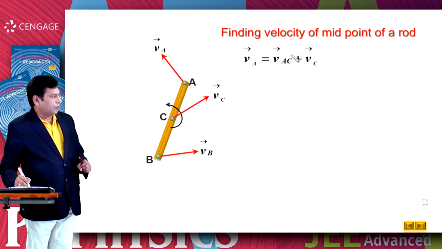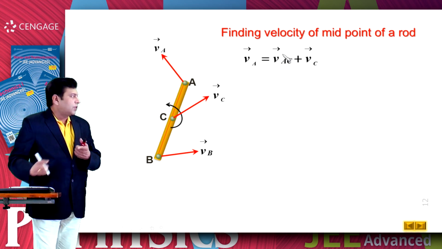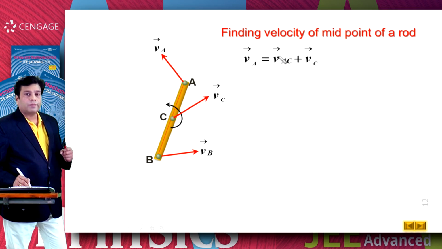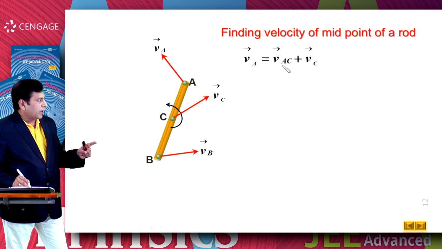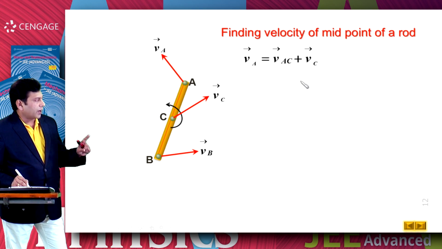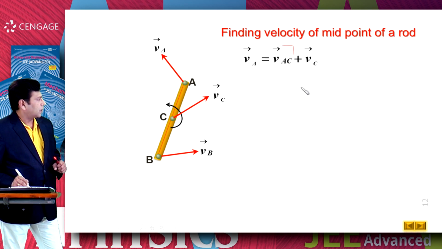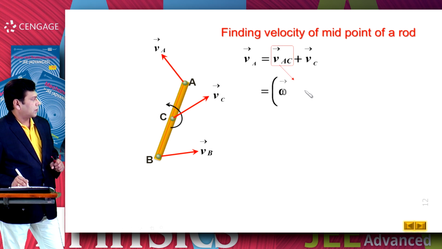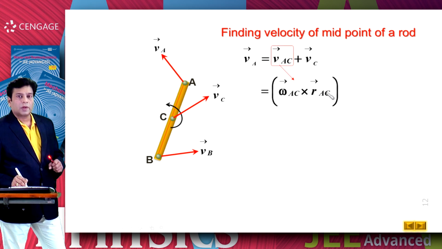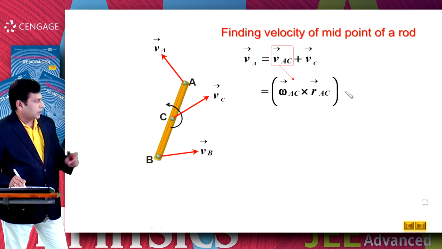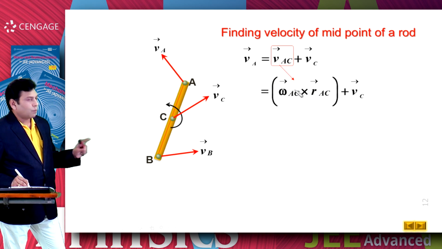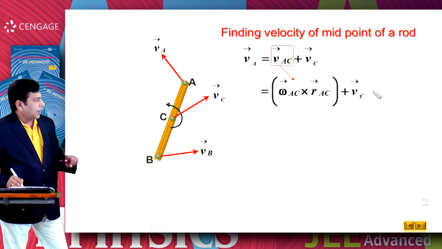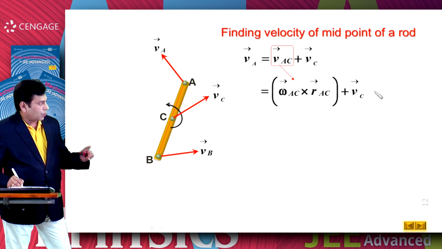Now we can express this term in vector form. We can write this equal to omega AC cross product RAC, and this term VC can be written as it is, like this. So this is the velocity of the point A. Let this be equation number 1.